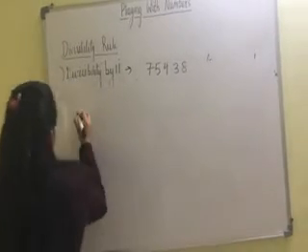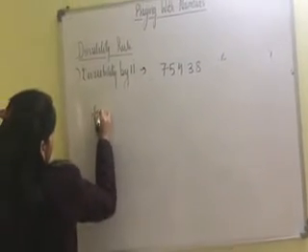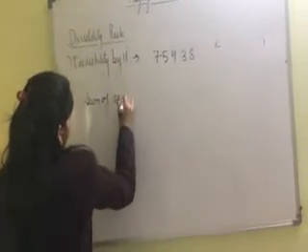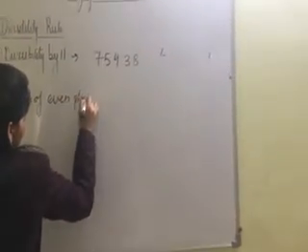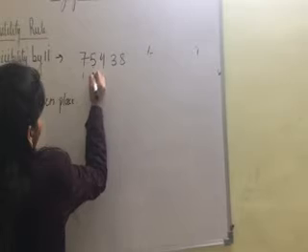So find out the even places: 1, 2, 3, 4, 5.